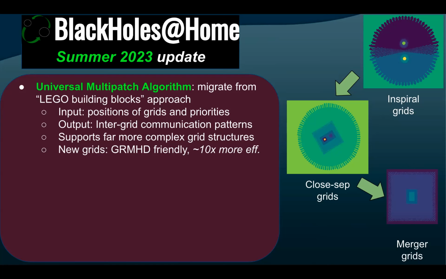I have to extend the NRPy infrastructure from time to time to get BlackHoles at Home to do what I need it to do. So on an annual basis during each summer, I take the advances I've made from my BlackHoles at Home fork of the NRPy infrastructure, and I backport them into NRPy. And I have to update occasionally some of the NRPy notebooks and whatnot to keep up with that.